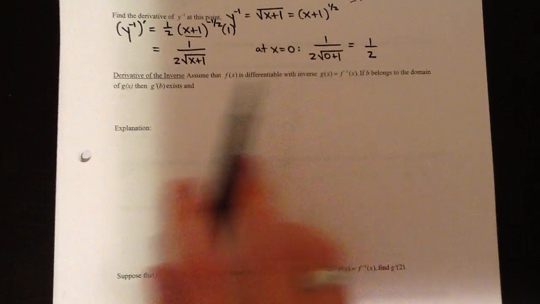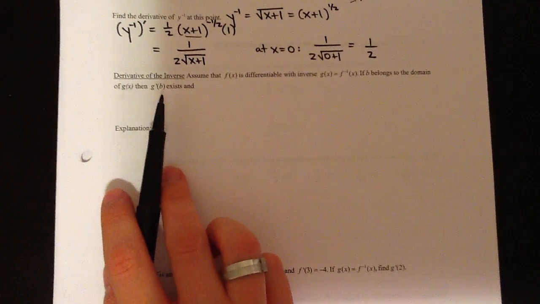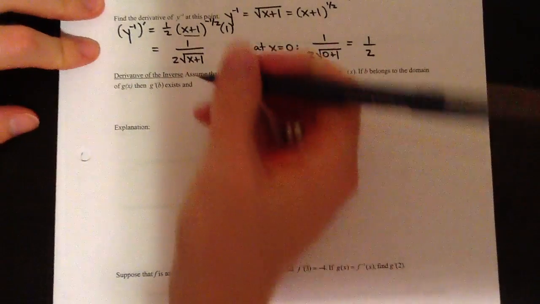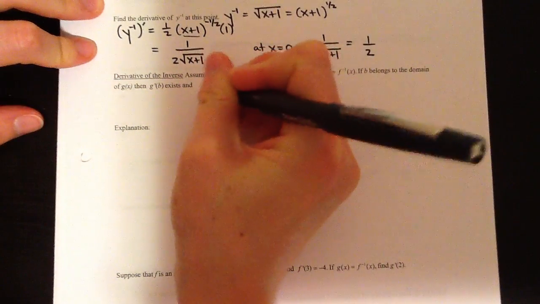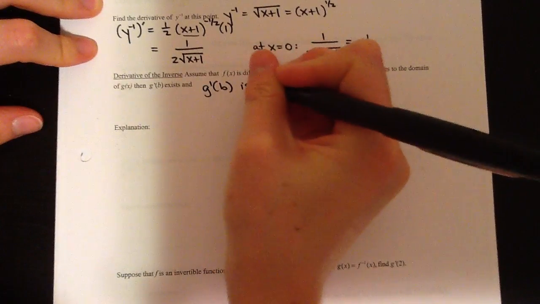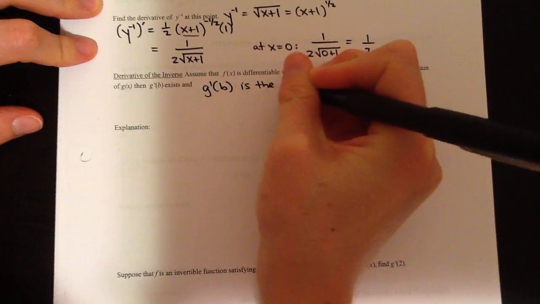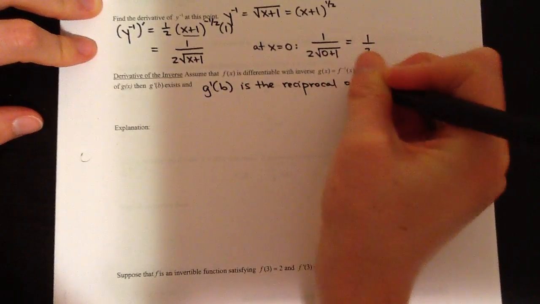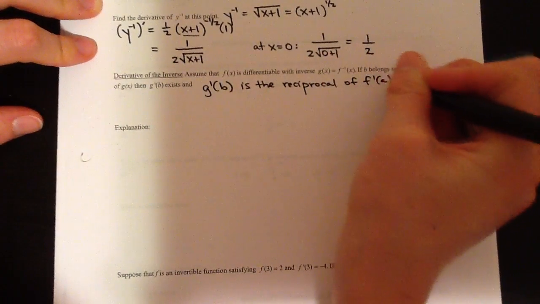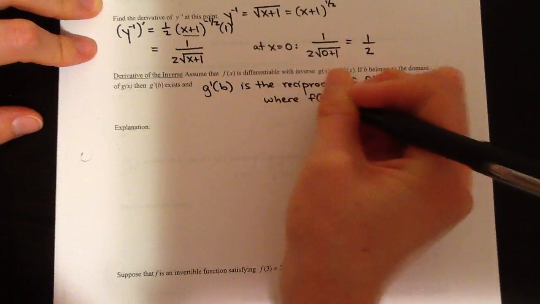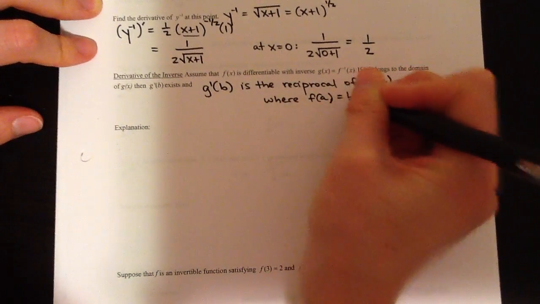So here is what we've got. If b belongs to the domain of g, then g prime of b exists, and g prime of b is the reciprocal of f prime of a, where f of a equals b.